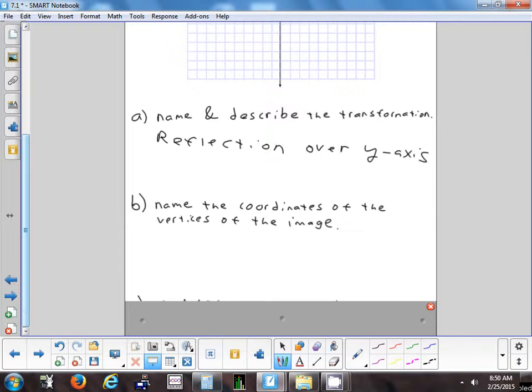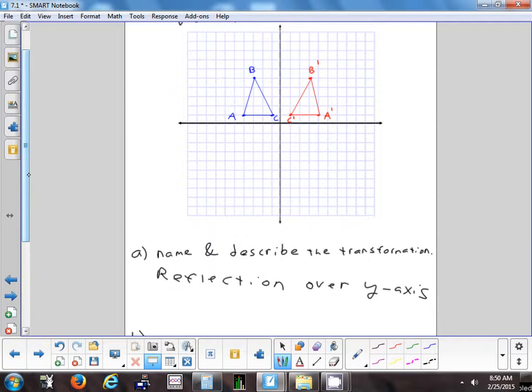Okay, next part, I want to name the coordinates of the vertices of the image. How many vertices are in the image? Three, yeah. Three vertices in the image. What are the three vertices in the image?